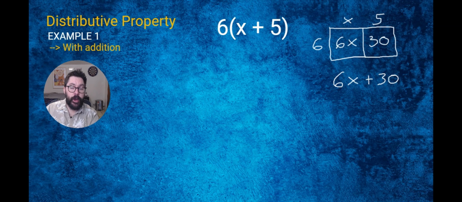If you're looking for a non-visual approach, we're going to take that 6 and multiply it by the first term in these parentheses. So we want to take that x and let me write a little times symbol. And we want to multiply it by 6. We want to make it 6 times as big. And so we get 6x. But remember, we have all of this stuff in parentheses.